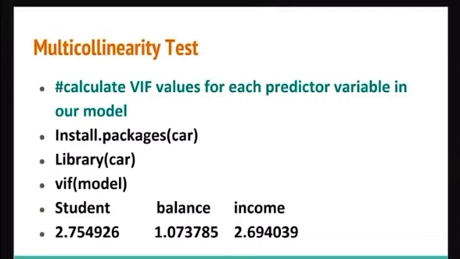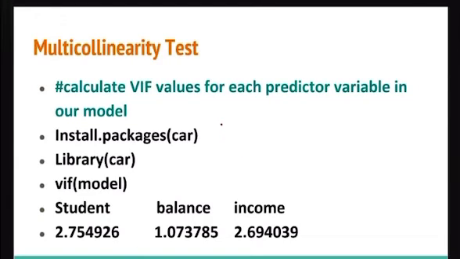Now, let me tell you this. Just like in conventional linear regression, the moment you have more than one explanatory variable, you need to watch out for multicollinearity. You also need to watch out for multicollinearity here. How are you going to investigate for multicollinearity?